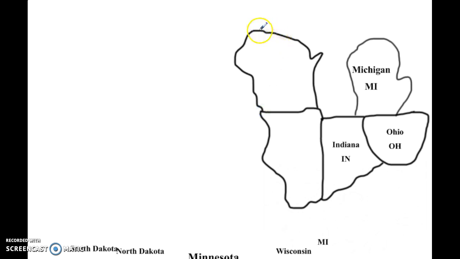And there's that upper peninsula that actually belongs to Michigan up here too. So I'm going to do Illinois, IL, and Wisconsin, WI. If you flip the M upside down, you get the W, so I think of those two as going together.